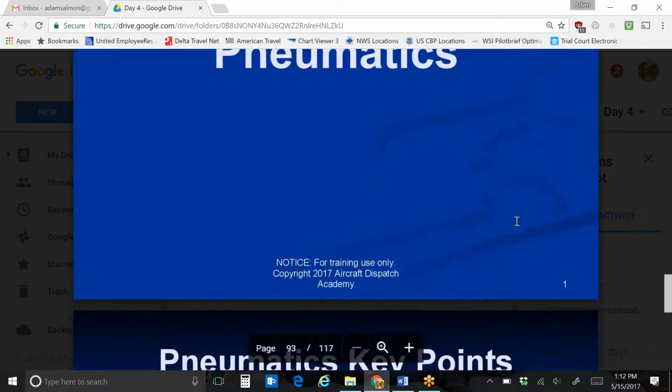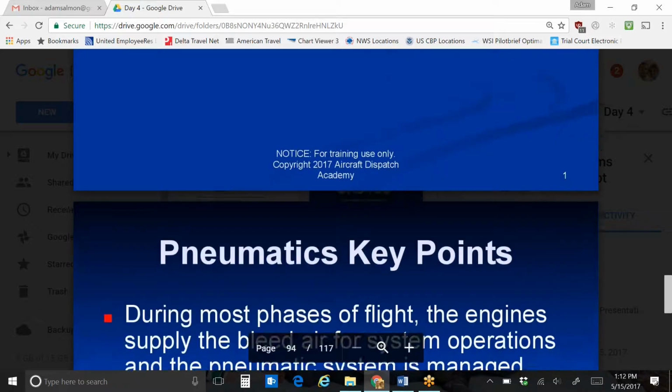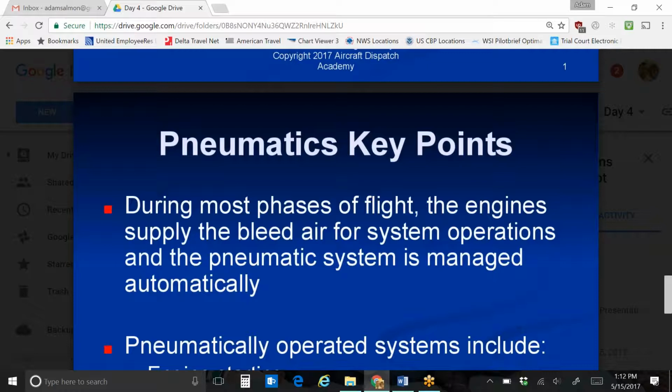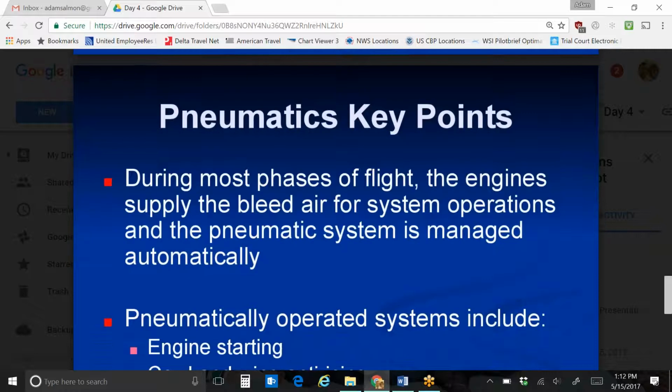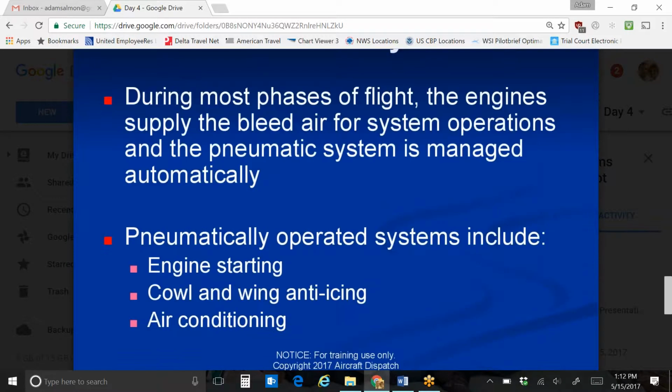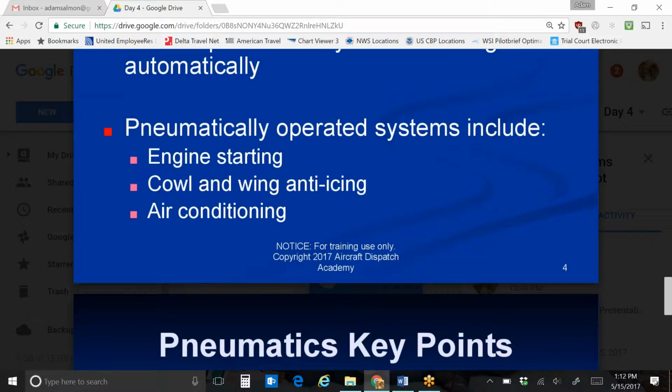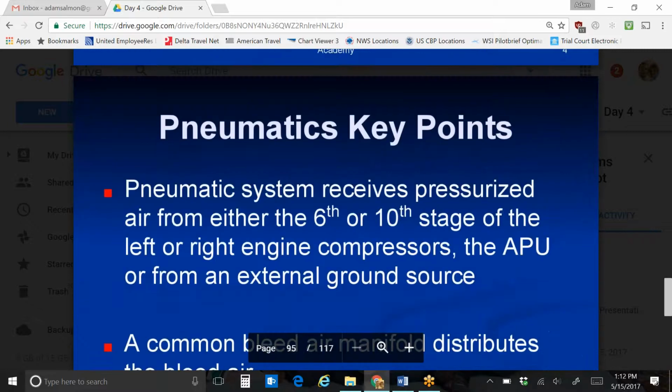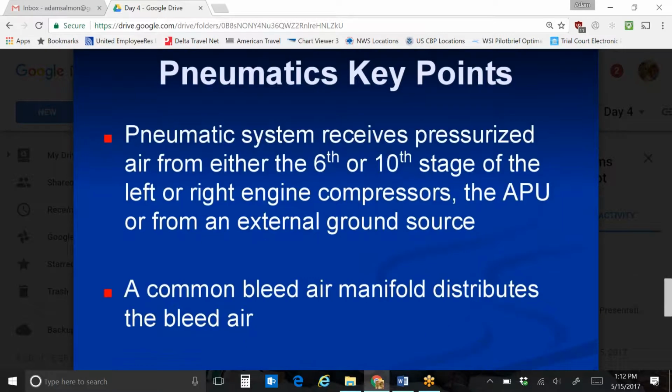This is the pneumatic system, otherwise called the bleed air system, is what this is really referring to. We've talked a lot about what this system does already, but the bleed air system gives us the engine starting, the cowl and wing anti-icing, and also the air conditioning. This talks about the stages of bleed air that are pulled off of the engine.